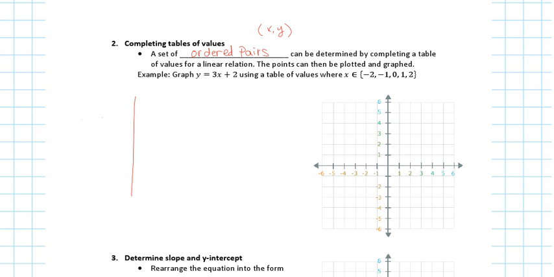You're going to make a t-chart. You're going to put x first because you see how my points are x, y. Okay? So you're going to put x first. And then they gave you the x values that they want you to use. Okay? So the x values are negative 2, negative 1, 0, 1, and 2.